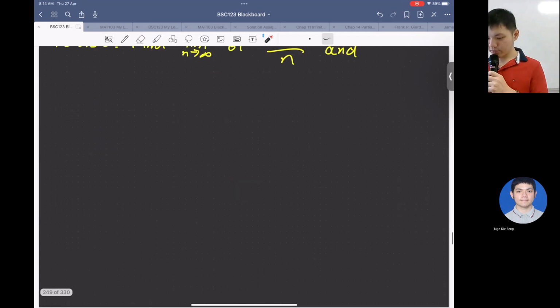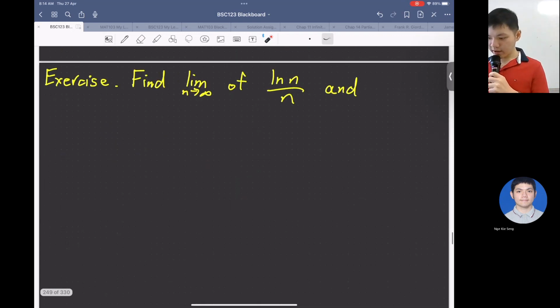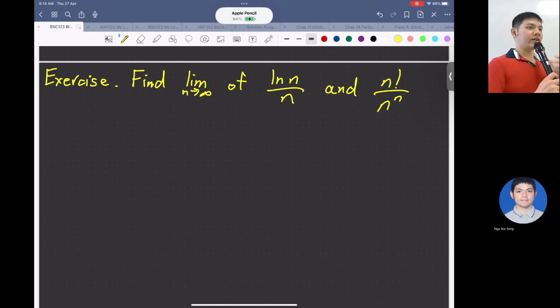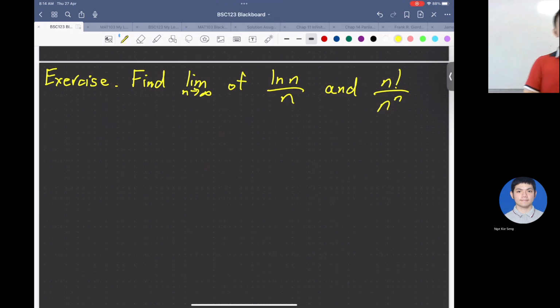So let's try these two questions: ln n over n, and n factorial over n to the power n. Let's see if you can try it out. There are 5 methods, so see if you can use any of them.